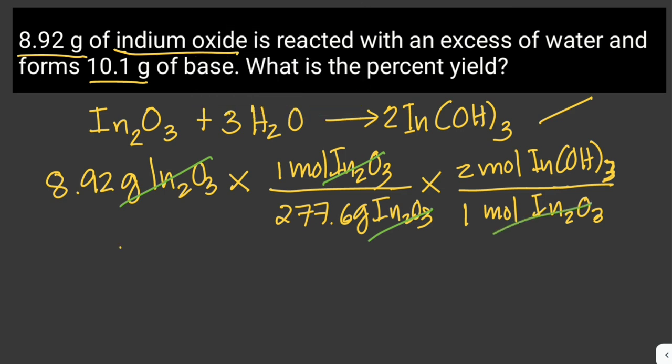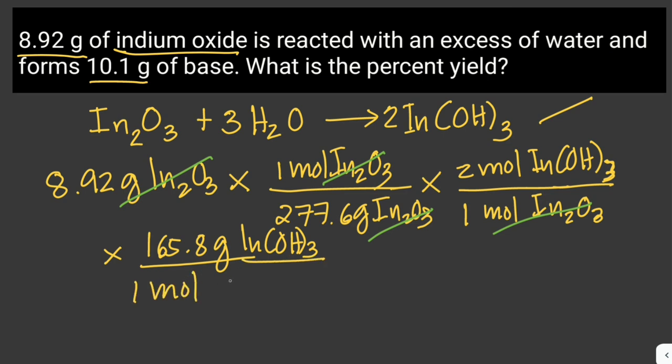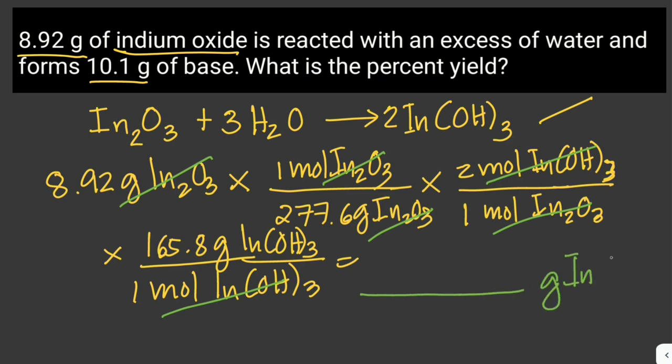Then we multiply this by the molar mass of indium hydroxide, which is 165.8 grams per 1 mole of indium hydroxide. Okay, this cancels out. Then we're left with grams of indium hydroxide.